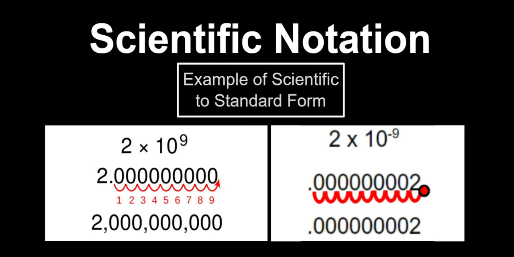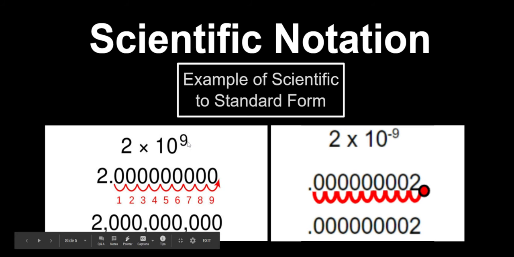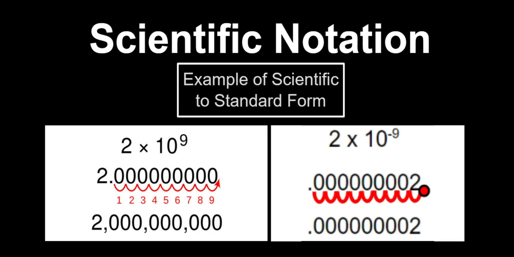Now, you'll notice that this was a positive exponent. Over here is a negative exponent. When you have a negative exponent, that just tells you the original number was less than 1. So in this case, we have negative 9. We're still moving the decimal place 9 times. But this time, we're moving it in such a way that we create a small number.